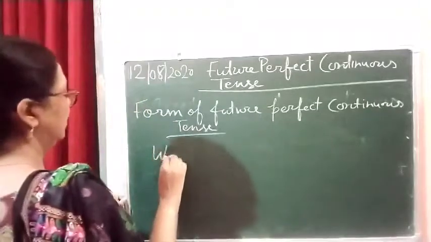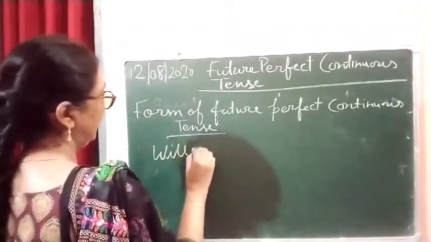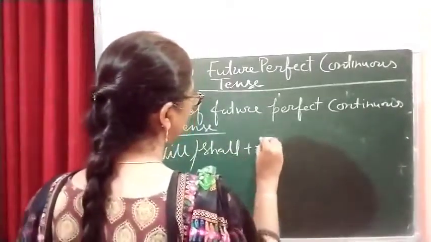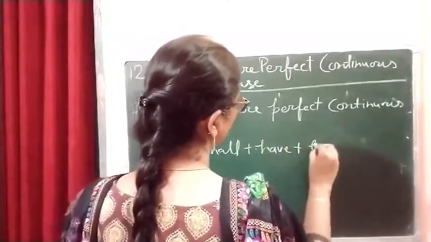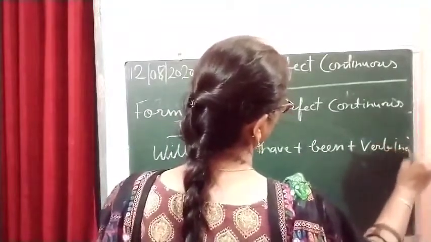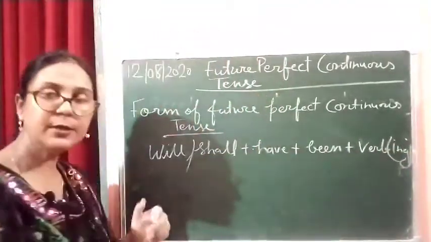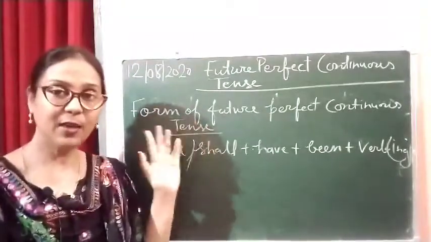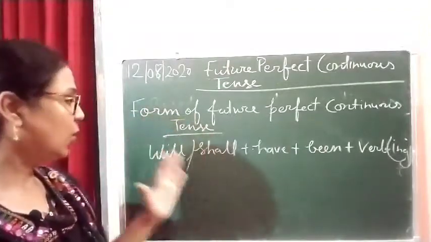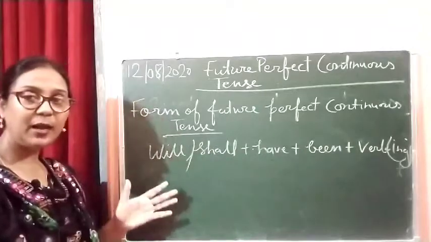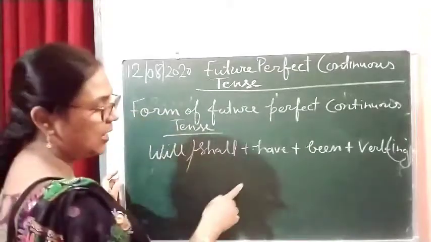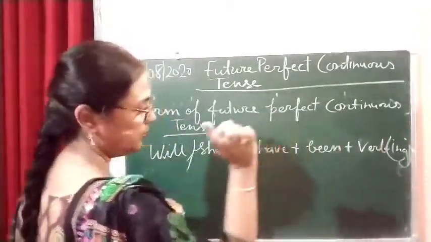First of all, will and shall will always be there. Will or shall, plus have, plus been, plus verb plus ing. Because this is continuous tense, we always use ing, because it shows the continuous motion. So the rule for future perfect continuous tense: will or shall, have been, and then verb.